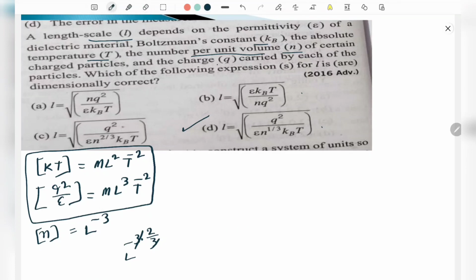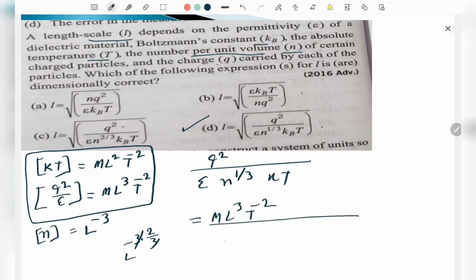Still, for our own satisfaction, let us check for it. Q square by epsilon into the 1/3 kT. Q square by epsilon is ML cube T to the power minus 2 into the 1/3, which means L to the minus 3 into 1 by 3, or L to the power minus 1, and kT is ML square T to the power minus 2.